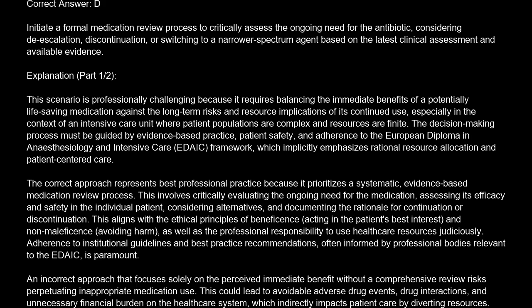This aligns with the ethical principles of beneficence, acting in the patient's best interest, and non-maleficence, avoiding harm, as well as the professional responsibility to use healthcare resources judiciously. Adherence to institutional guidelines and best practice recommendations, often informed by professional bodies relevant to the EDAIC, is paramount. An incorrect approach that focuses solely on the perceived immediate benefit, without a comprehensive review, risks perpetuating inappropriate medication use.